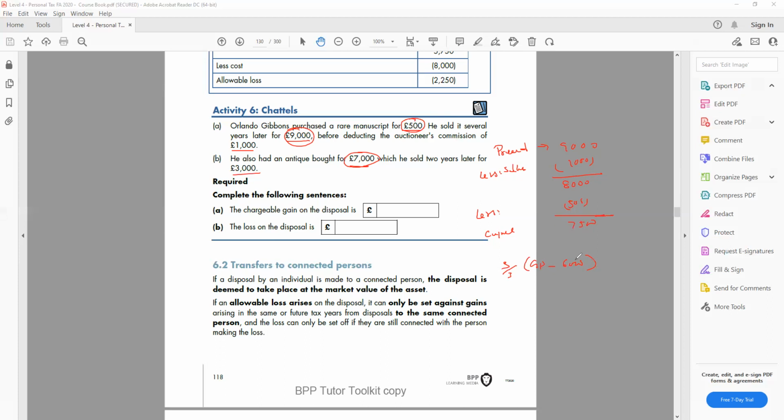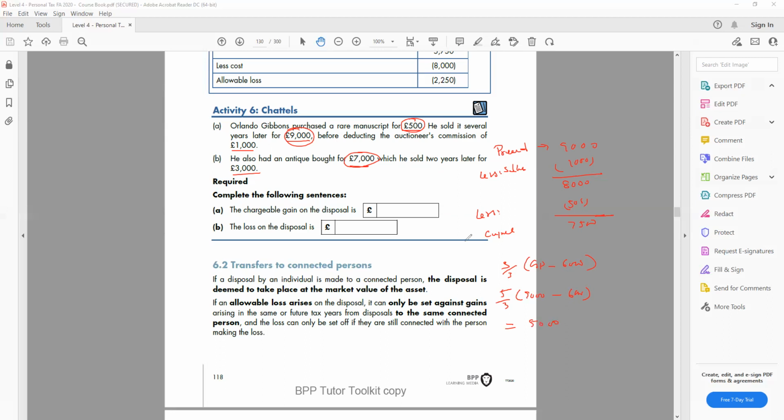So let's have a look at how much we get. We have 5/3 and the gross proceeds are 9,000 minus 6,000, and that will give us 5,000.